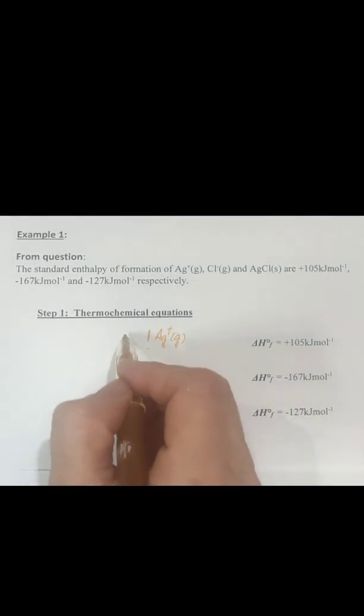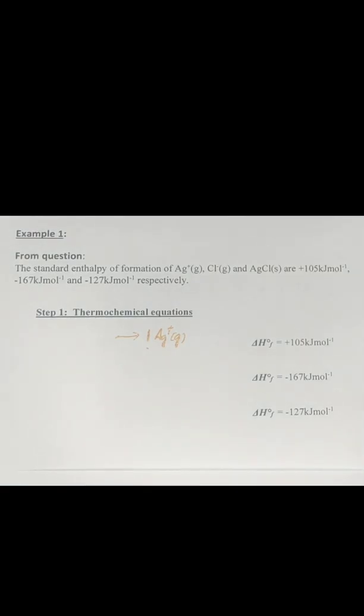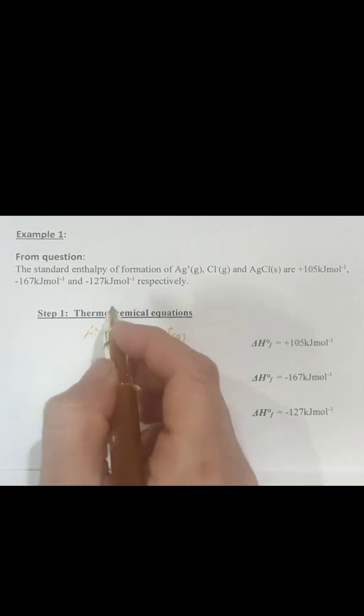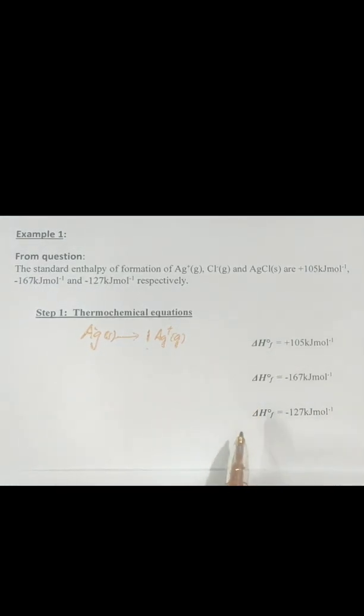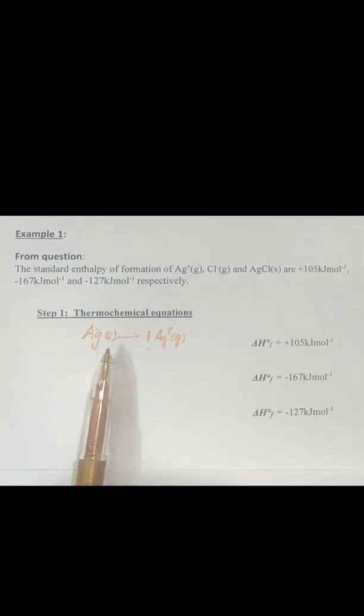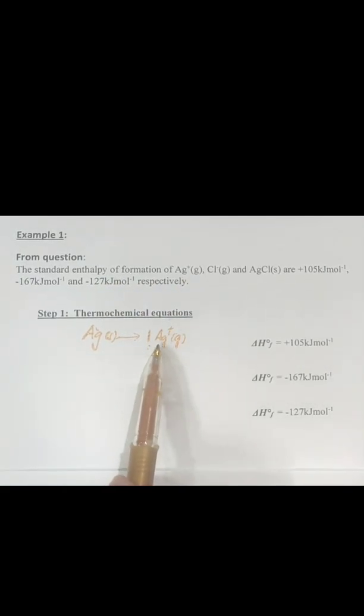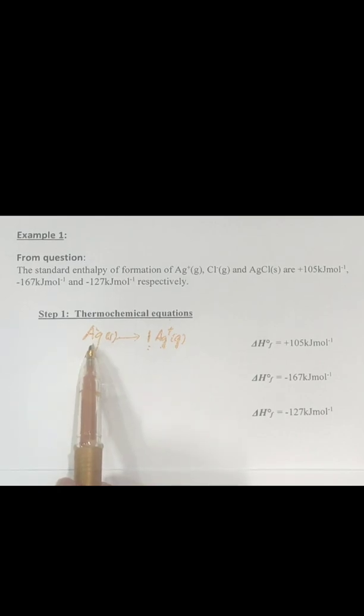So, it means 1 mole of silver ion is formed from its element. So the element for silver ion should be Ag. So this is the definition for the standard enthalpy of formations of silver ion. 1 mole of silver ion is from its element.